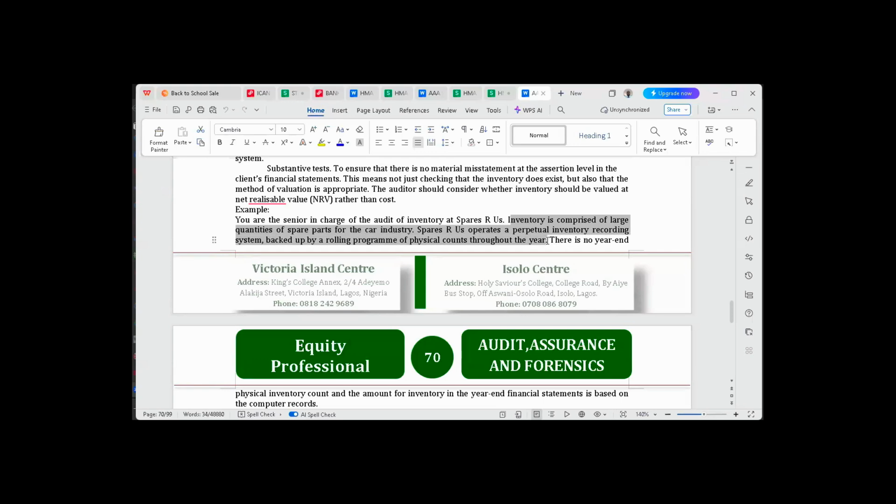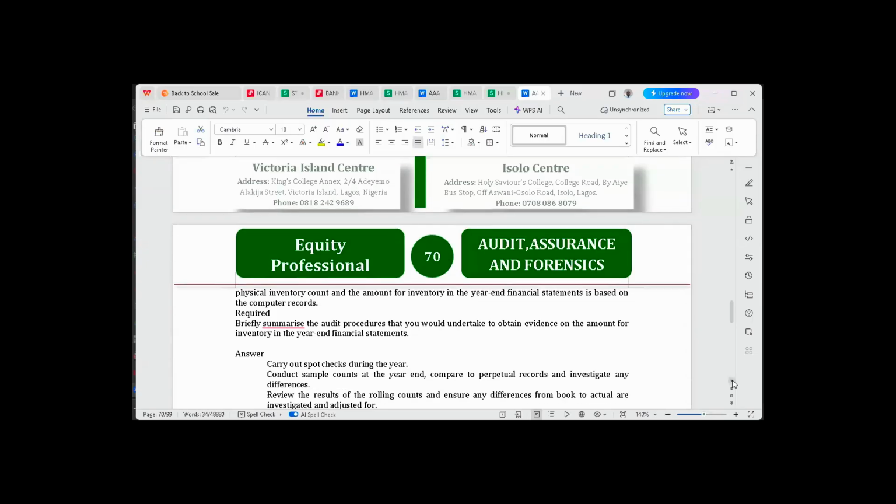So they do the stock count, but what we are saying here is that the auditors will need to reascertain, to confirm that there are no material misstatements in the stock. They are going to do spot checks. Spot checks are impromptu arrangements. You will not inform anybody, you just turn up at the store and say you want to carry out a stock count. You catch them unawares. That's what we mean by spot checks.